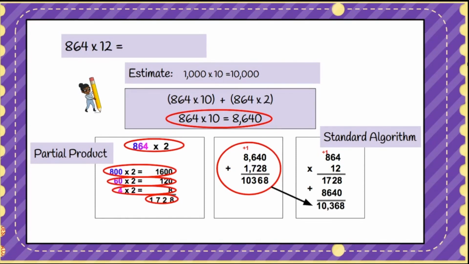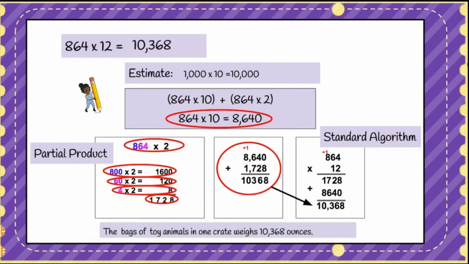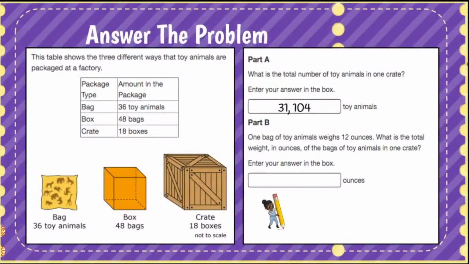Both the partial product algorithm and the standard algorithm can be used to multiply. So our answer to 864 times 12 is 10,368. The bags of toy animals in one crate weigh 10,368 ounces. And that's our answer to part B.